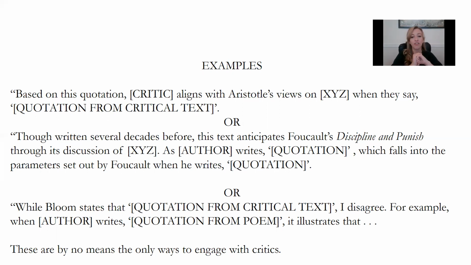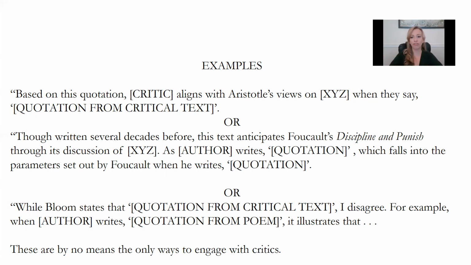And here's the final example, a sort of disagreement. So while Bloom states this, I actually don't agree with that. I think that you can apply a different theory to this text, or it's more apt to read this particular passage in this way. So there are hundreds of ways to engage with critics. These are just a few of them to help you get a sense for how you should be using them in your work.